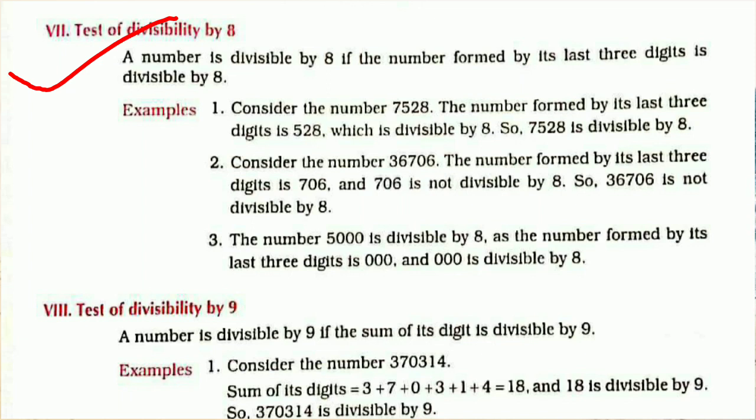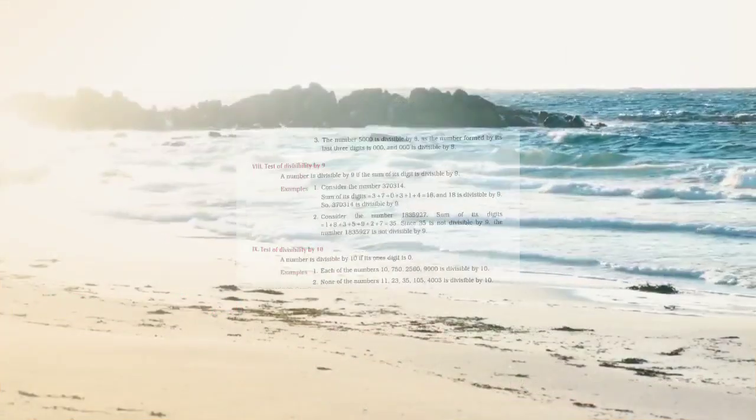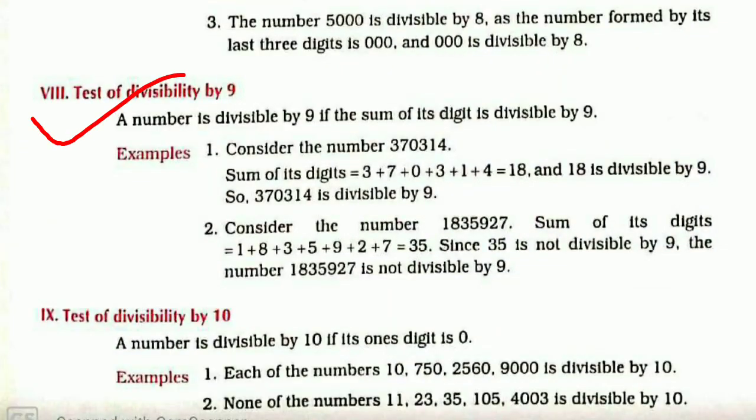Now we are moving to the next divisibility rule, test of divisibility by 9. A number is divisible by 9 if the sum of its digits is divisible by 9. We will add all the digits and then we will see whether the total is divisible by 9 or not.